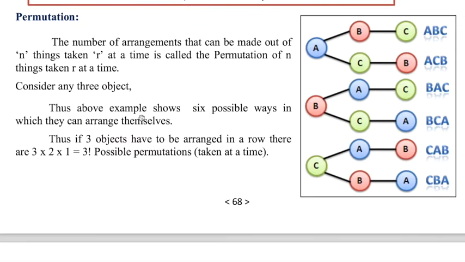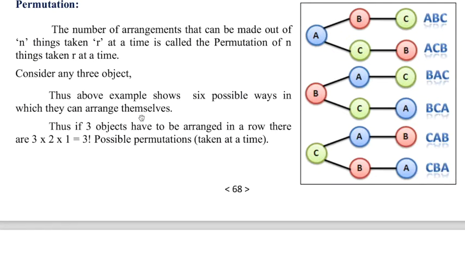Let's see permutations. The number of arrangements that can be made out of n things taken r at a time is called the permutation of n things taken r at a time. Consider any three objects. The example shows 6 possible ways in which they can arrange themselves.